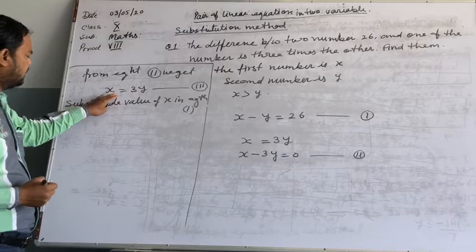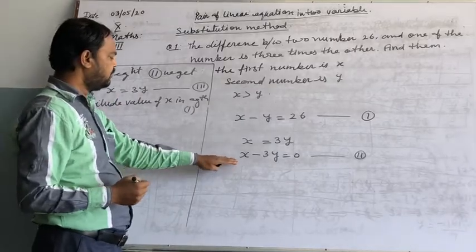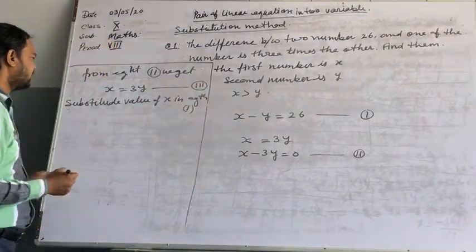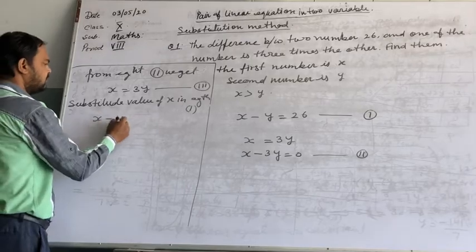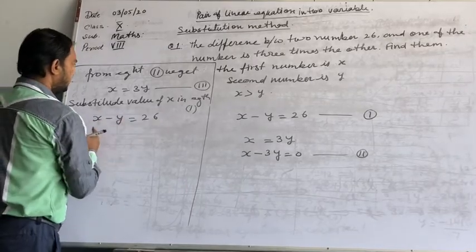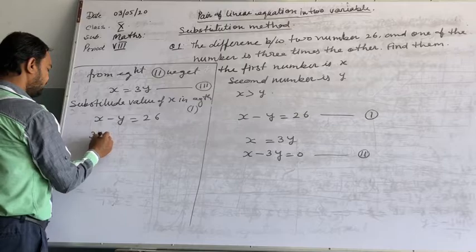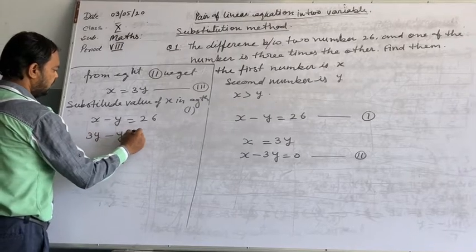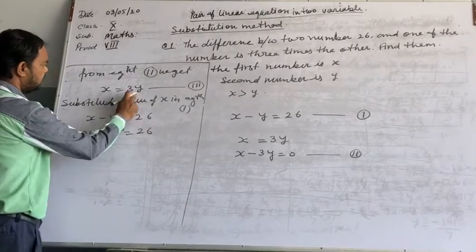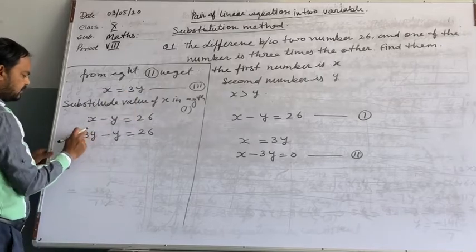This is from the second equation, so we put it in the first equation. Equation first is x minus y equals 26. In place of x, we put 3y, so 3y minus y equals 26.